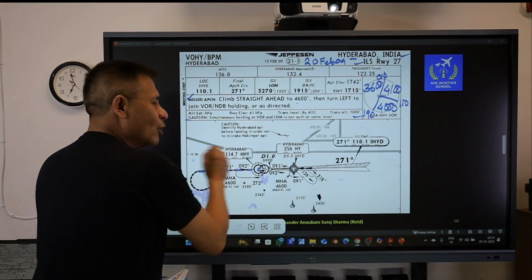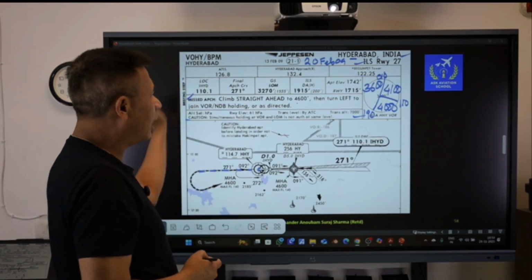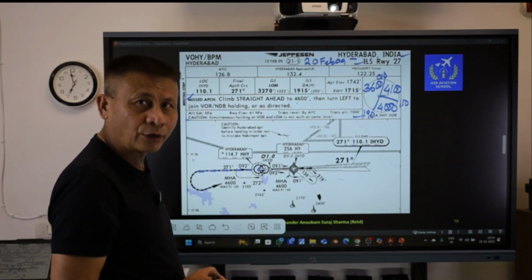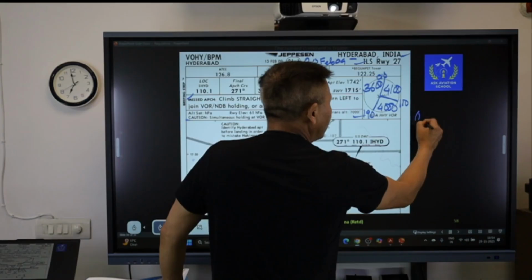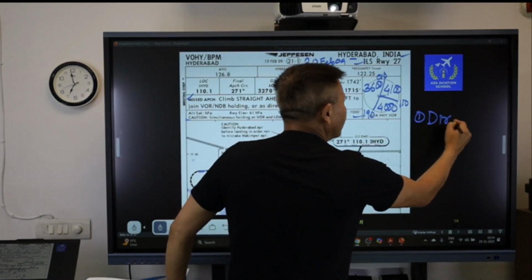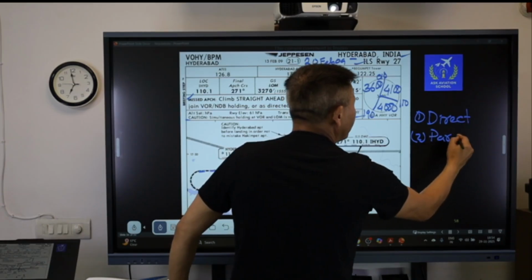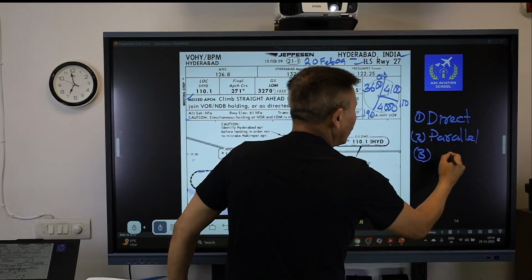The inbound of the hold is 092. So now, this entire area around this VOR will be divided into three sectors. The names of the sectors are 1. Direct, 2. Parallel, and 3. Offset.